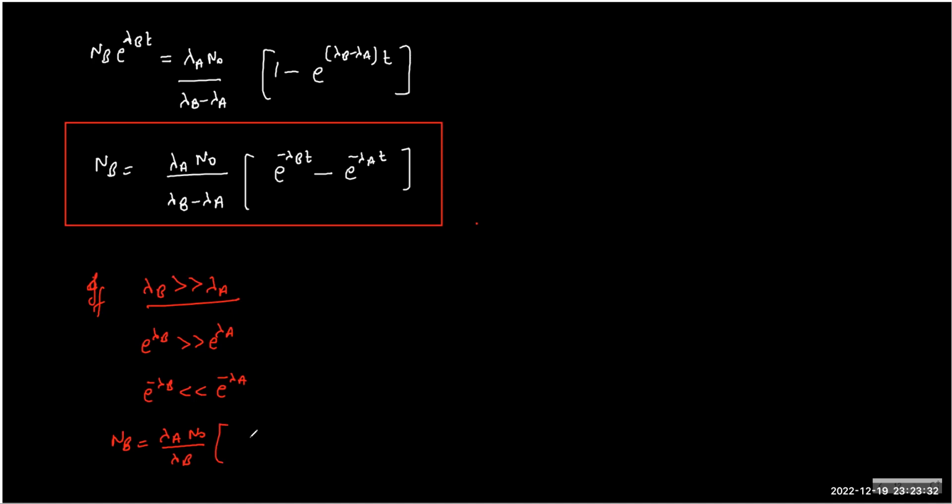And not only this, the term here, because e power lambda b t is very, very small. So what we get? This term is left. Lambda b is much bigger, so it is again a very small number.